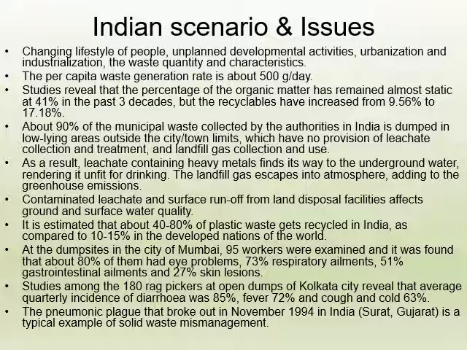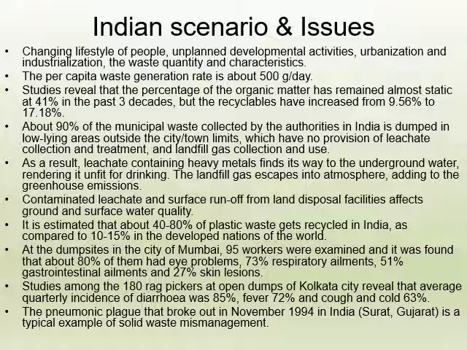In the city of Mumbai, 95 workers were examined, and it was found that 80% of them had eye problems, maybe respiratory problems, gastrointestinal ailments, meaning intestine problems, and skin problems also, 27%.